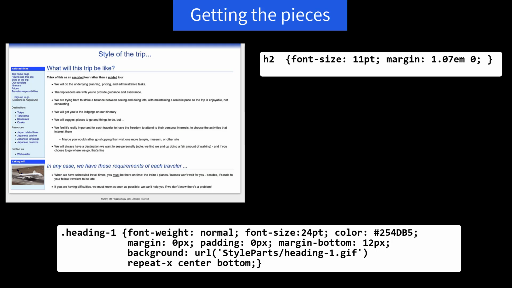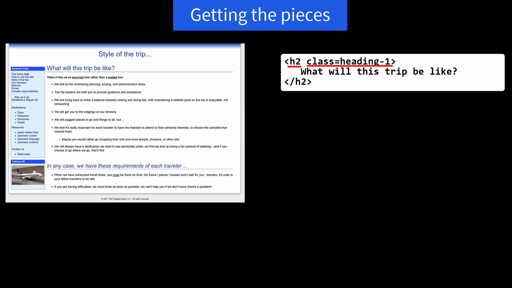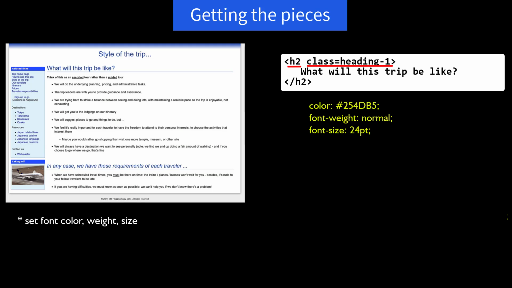When the H2 properties are merged with the heading 1 properties, the effective style for H2 class equals heading 1 becomes color #254db5, font weight normal, font size 24 point. Set the font color, weight, and size. Margin top 0 pixel, margin right 0 pixel, margin bottom 12 pixel, margin left 0 pixel.